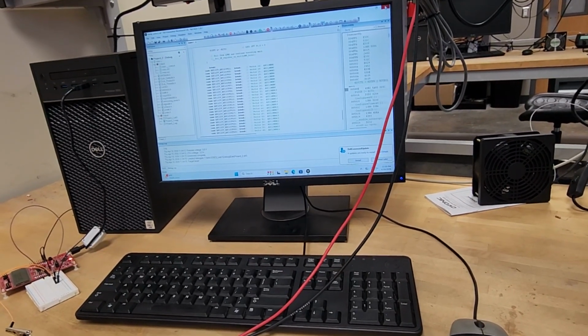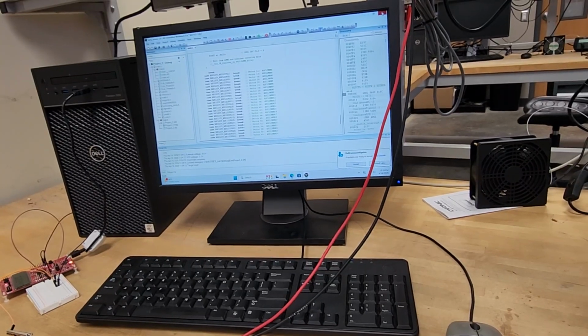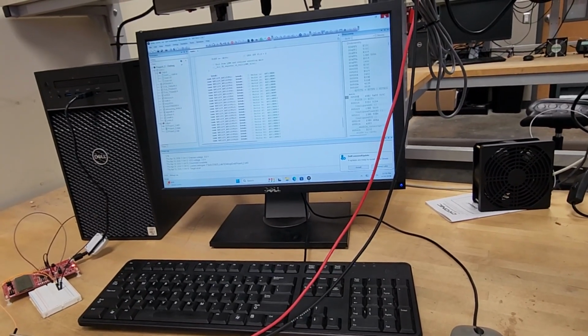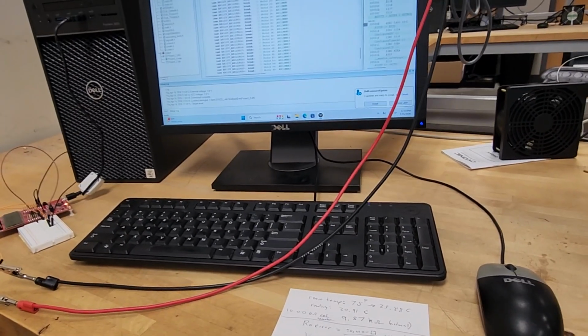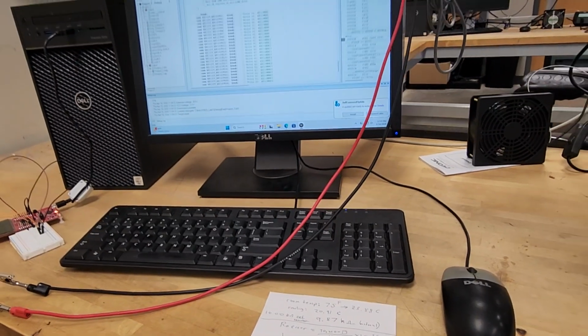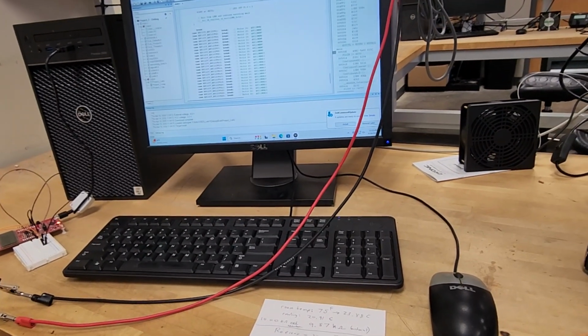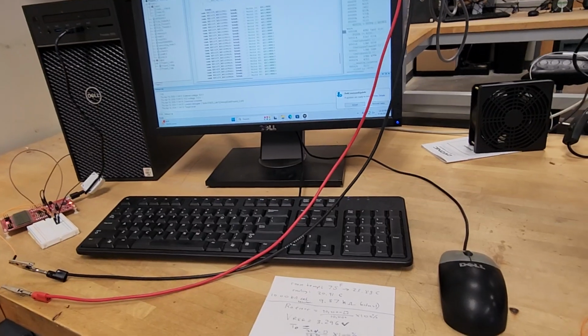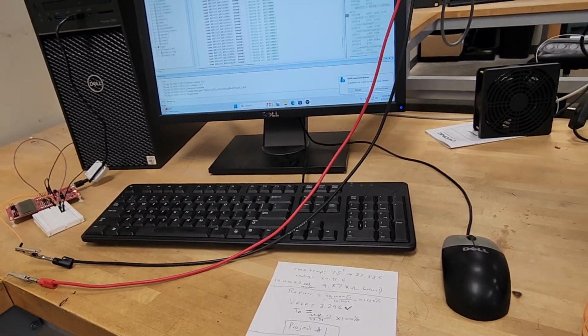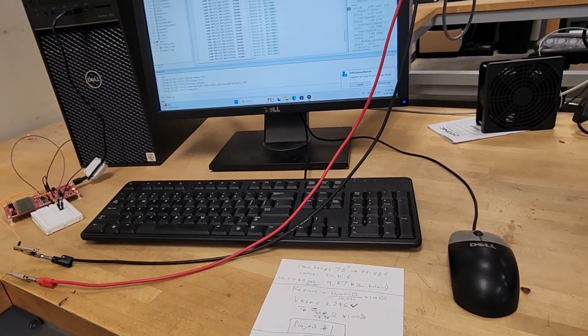The Thermistor is wired in a voltage divider circuit with a fixed 9.87 kilo ohm resistor. You try to get a 10 k ohm, but mine was slightly off, so I accounted for that in the error calculations.